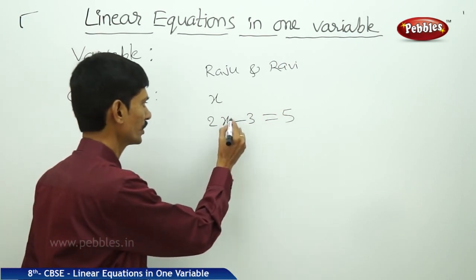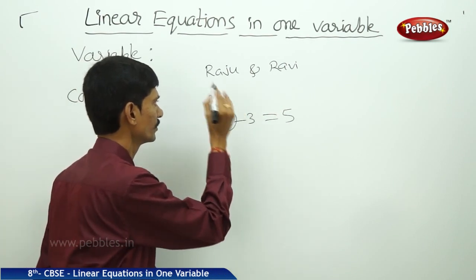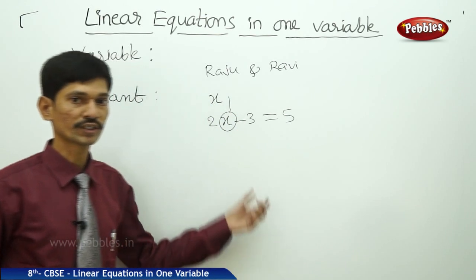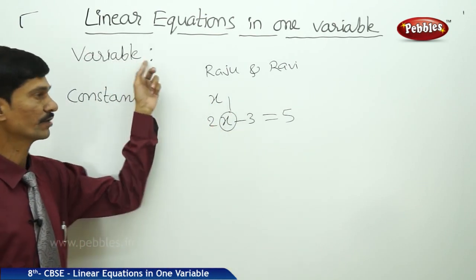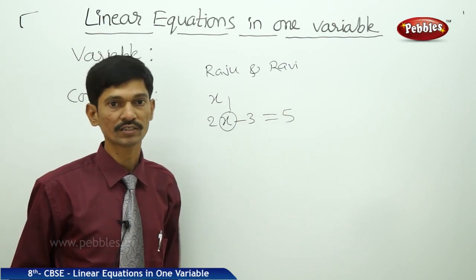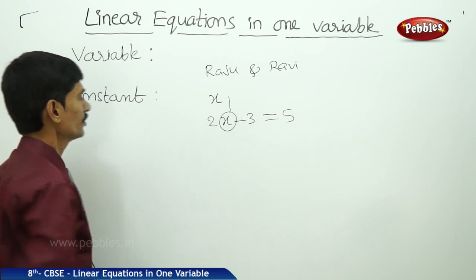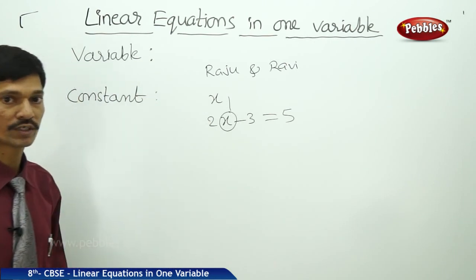Here the unknown quantity x is called the variable. And minus 3 or 5, these are called the constants. So a variable means any unknown quantity.